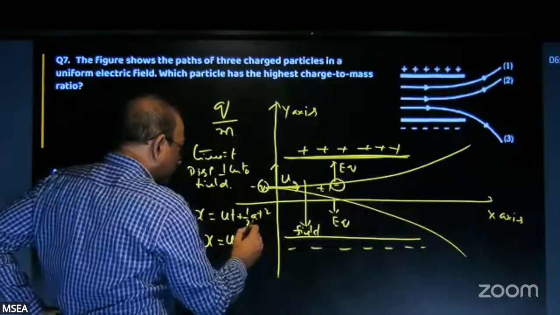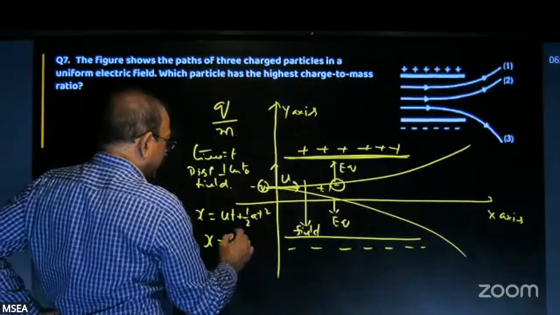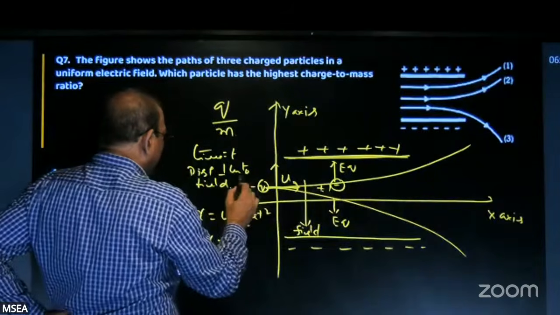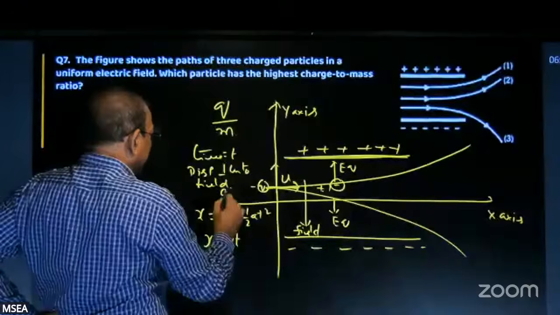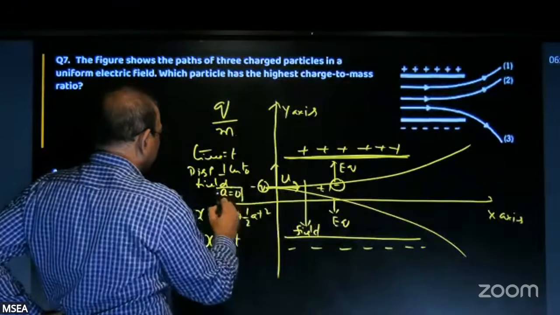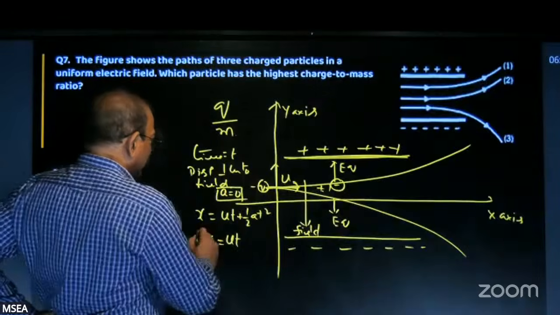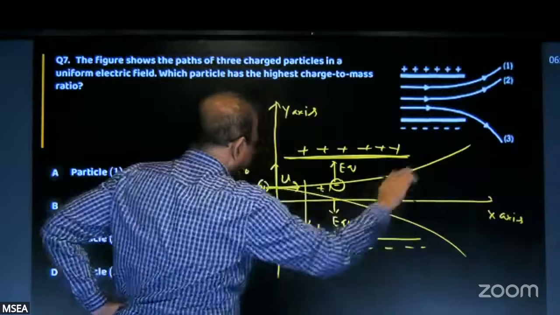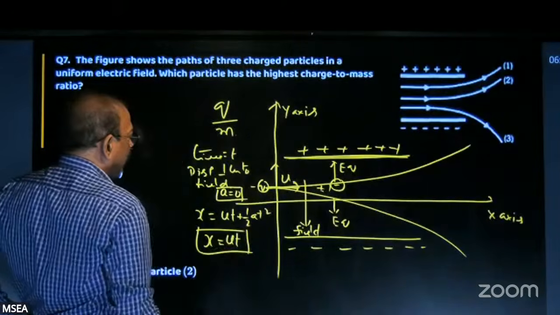As there is no force, there is no acceleration along x-axis. In an electric field, perpendicular to the field, acceleration will be 0. So x equals displacement in a given time, displacement along x-axis is ut.